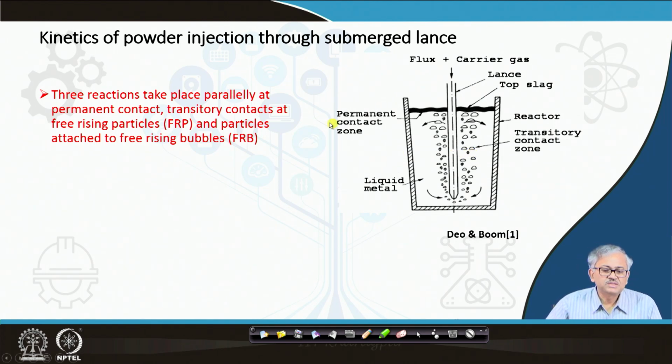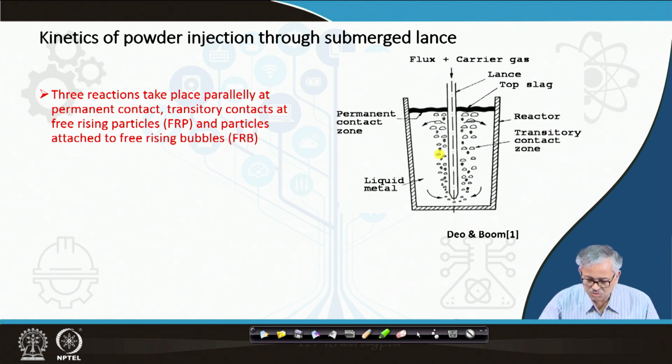All 3 reactions take place parallelly at the permanent contact and the transitory contacts at the free rising particle, that is called the FRP, and the particle attached to the free rising bubble, that you can call FRB. So, these are 3 contacts where the reaction will take place. So, the overall rate will be the summation of 3 rates, because these 3 reactions are taking place parallelly.